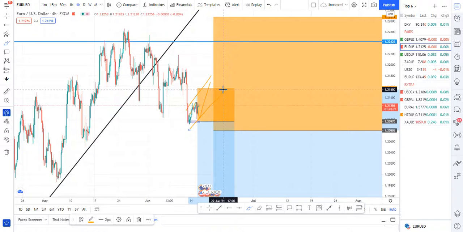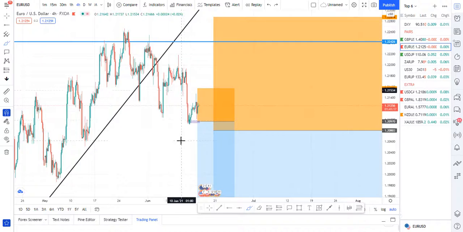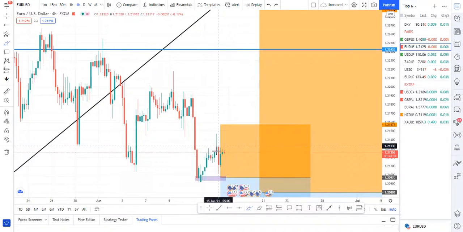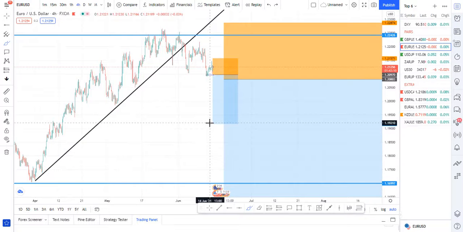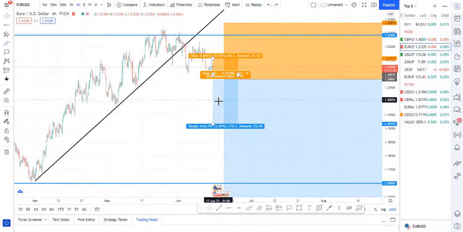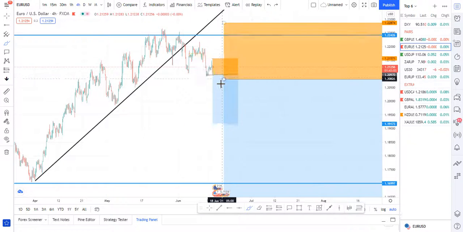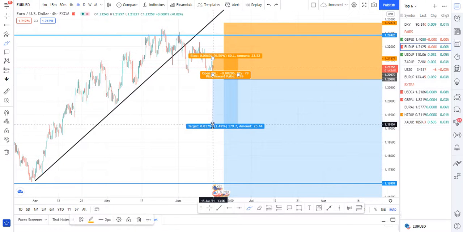So now you're at a disadvantage because this is a lot of pips. So this would have been safer to get into, but it's still a good trade nevertheless. But this would be a high risk trade, but because you have good risk to reward, it's still a good trade at the end of the day.